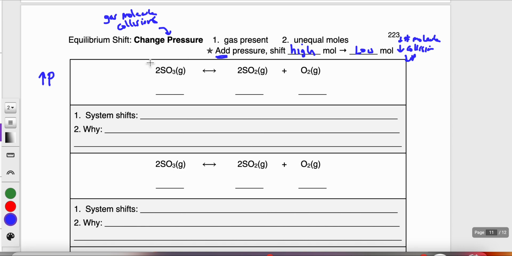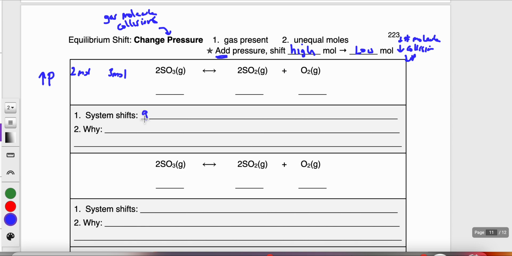So we take a look at the coefficients. On the left-hand side, we have 2 moles, and on the right-hand side, we have 3 moles. So does the system shift?